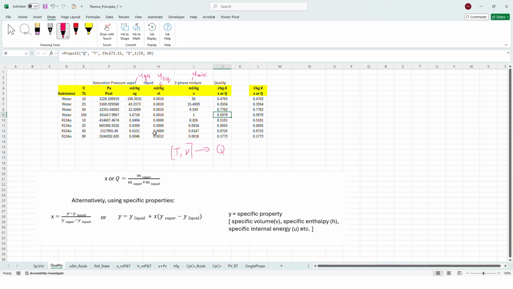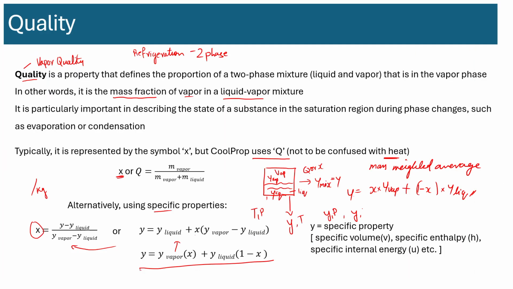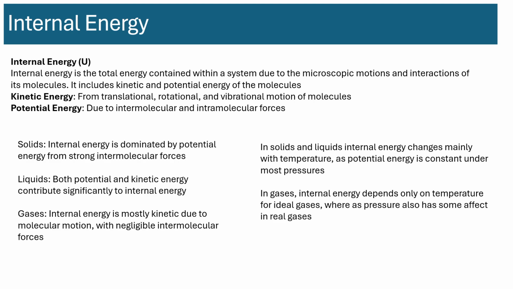Okay, and you can replace this with another specific property, and you should be able to get the same type of results. Okay, you can replace this with specific internal energy, for example. You should be able to get the same type of results. All right, so that's about quality. The next property that we should look at is internal energy.